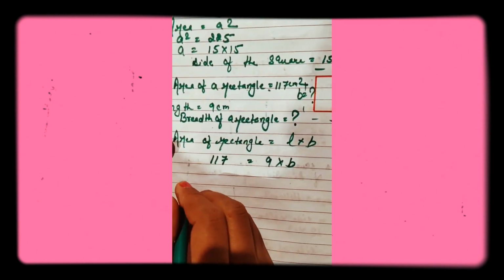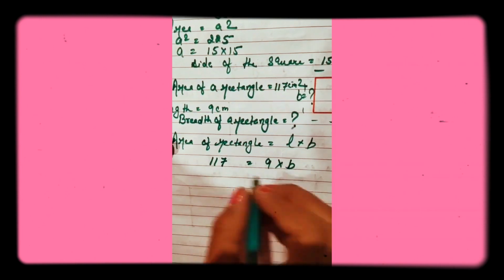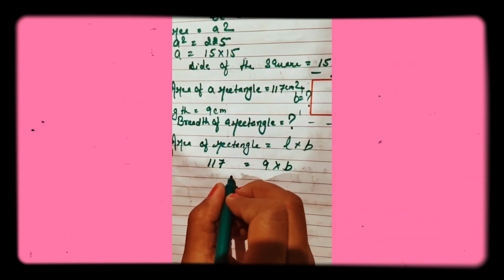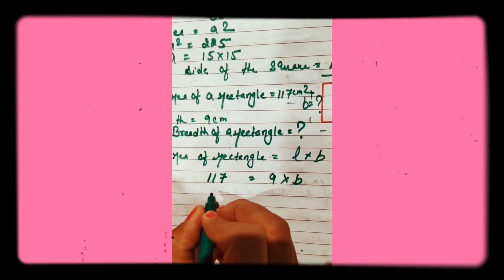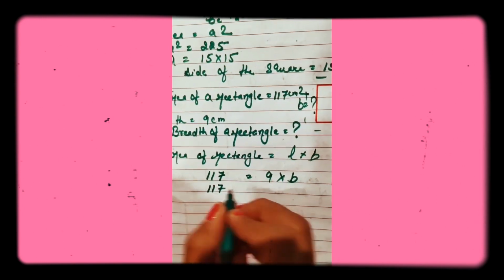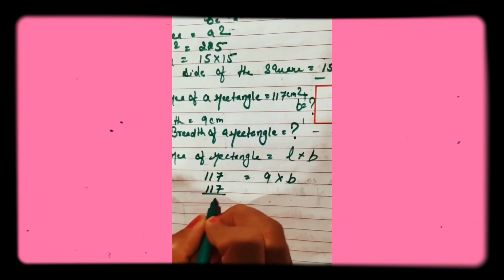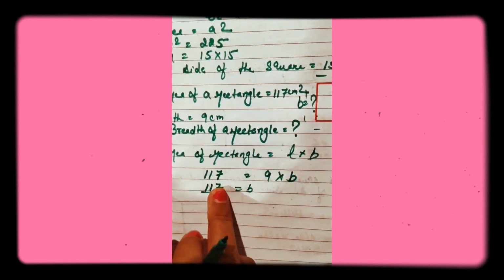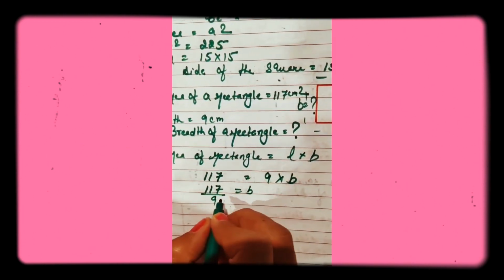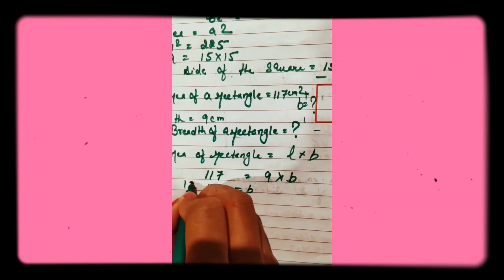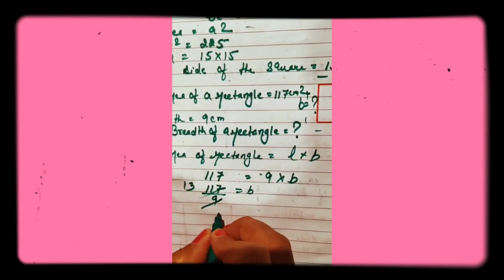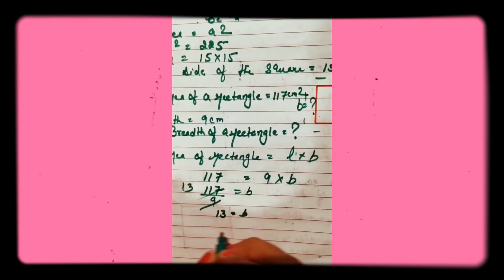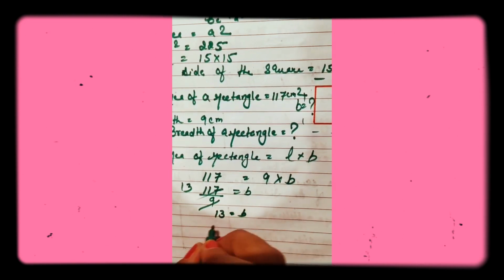Okay. Now 117 by 9 equal to B. Now 9 table we can divide 117. It will cut 13 times. Okay. So your breadth will be, then you have to change their place.